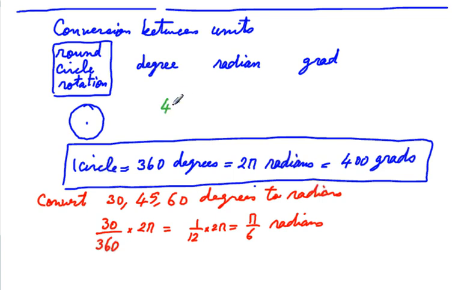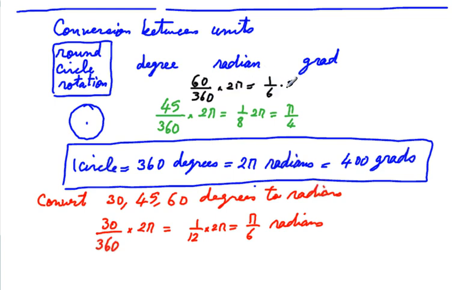I want to convert 45 degrees to radians. How do I convert it? So 45 out of 360 tells me 1/8 of a circle. Multiply by 2 pi, so that is 1/8 of 2 pi. You have to simplify, that is pi over 4. What if I wanted to do the other one, 60 degrees? So 60 degrees is 1/6 of a circle. Each circle is 2 pi radians, so that's 1/6 of 2 pi. So that is pi over 3 radians.